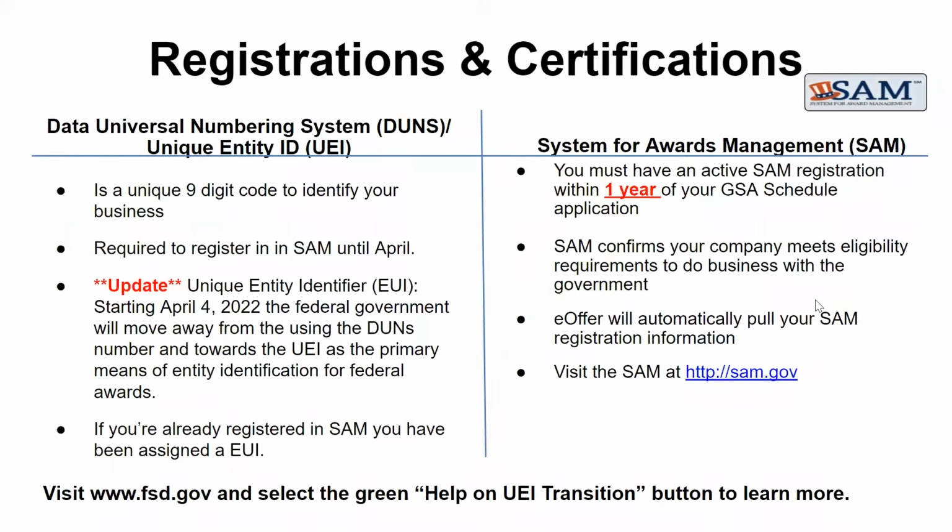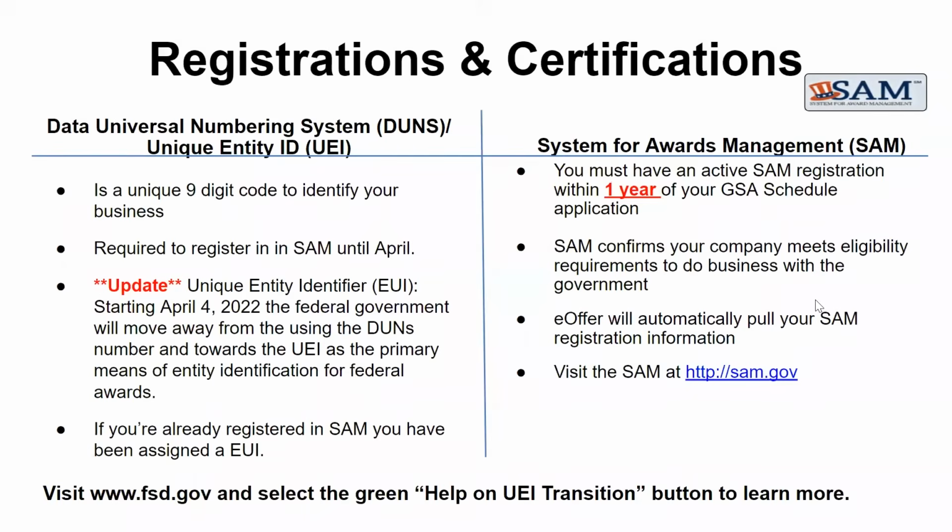For those of you who are already registered in SAM, you will already have both your DUNS number and your UEI. But if you are not registered in SAM prior to this transition on April 4th, you will need a DUNS number, and then you will register in SAM, and SAM will automatically issue you a UEI number.